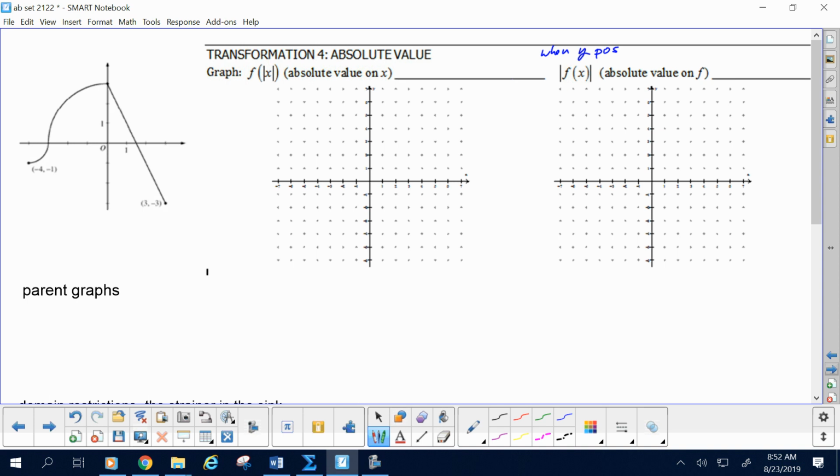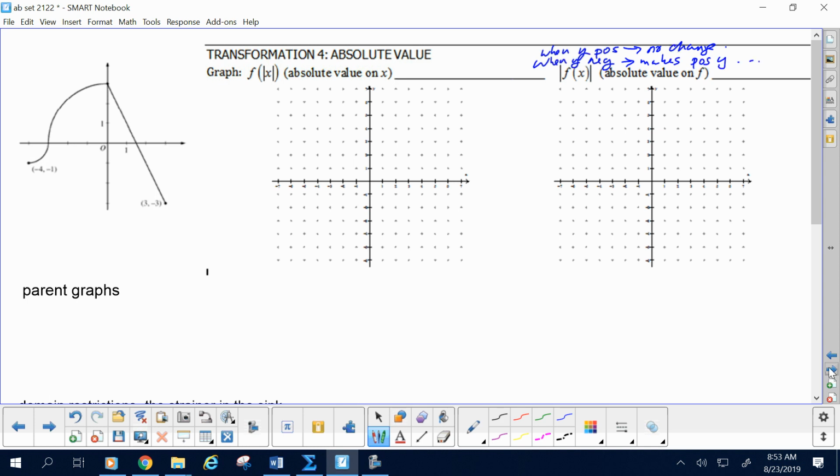What happens when you take the absolute value of a positive? There's no change, okay? So anywhere Y is positive, there will be no change. What about when Y is negative? What does the absolute value do? It makes it positive, makes positive Y's.